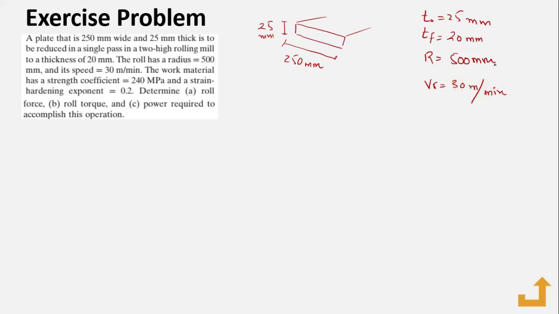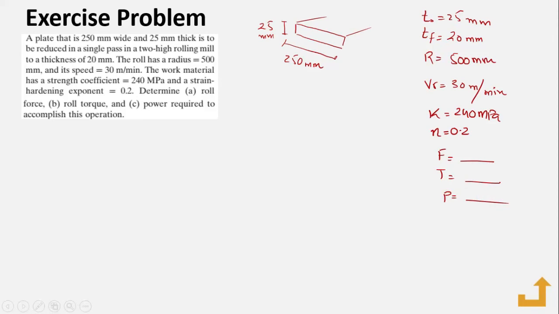Right? The work material has a strength coefficient that is K equals to 240 megapascals, and the strain hardening exponent, that is n equals to 0.2. Now it asks to determine the roll force, the roll torque, and the power required to complete this operation.